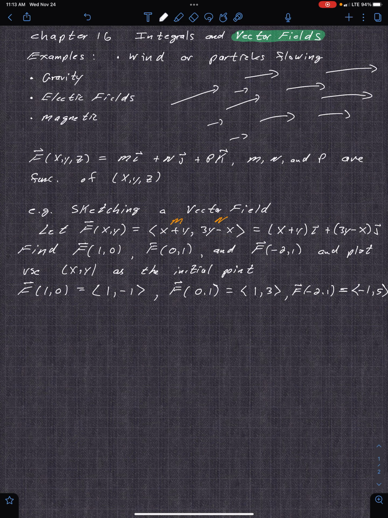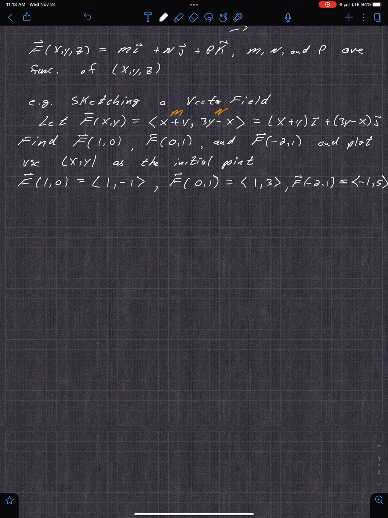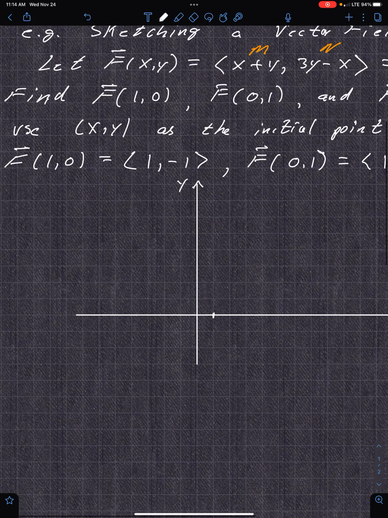All right, so then we can plot those vectors in this vector field. It's just 2D, so draw on your XY plane. We'll start at, well, I'm sorry, it wasn't negative 1, it was 1, negative 1.